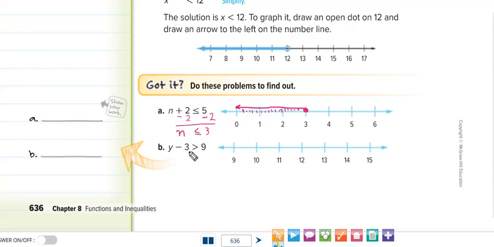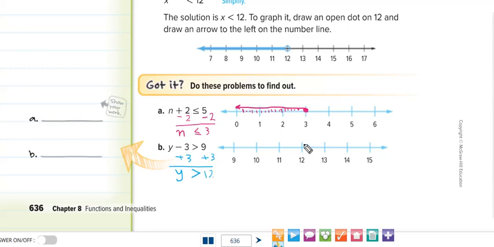This is a subtraction inequality, so we will use addition. I will add 3 to the left hand side, add 3 to the right hand side. So y remains the greater sign. 9 plus 3 will give you 12.